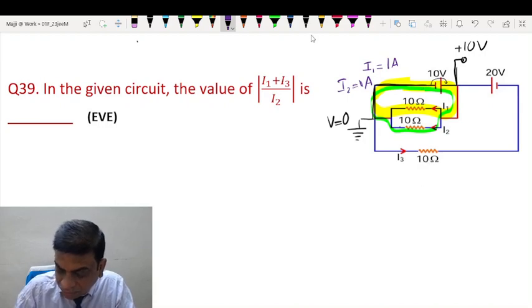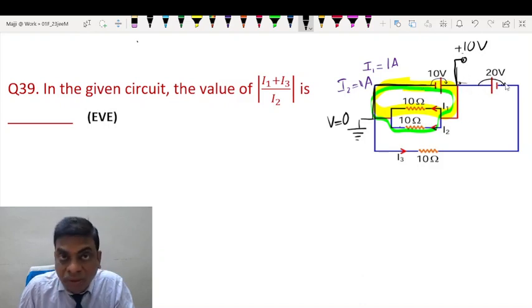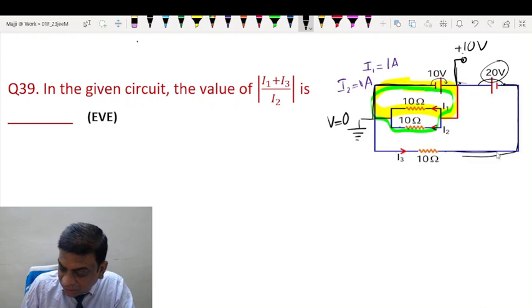And here, as you move from here to here, this is already 10 volt, this is 10 volt, and you move towards the negative terminal, so there is a decrease in voltage by 20 volt. So 10 minus 20 is minus 10, and as you move against the direction of current, we should reach 0. So there has to be a potential rise of 10 volt, because this is at minus 10 volt.